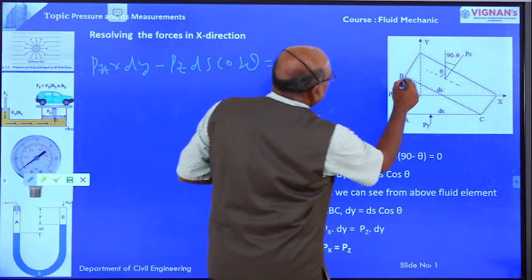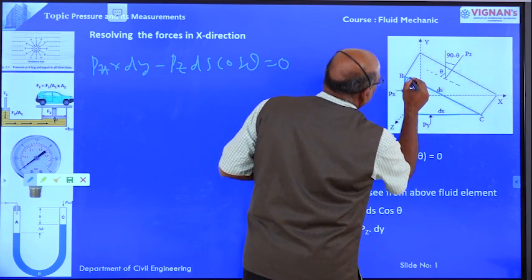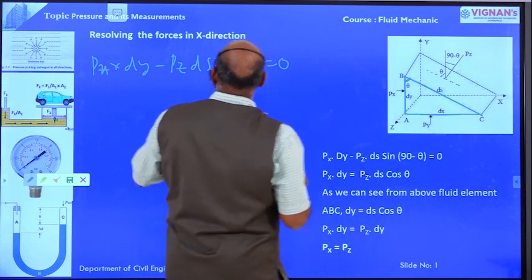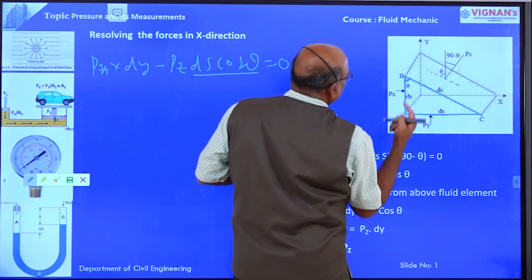Now, this is triangle. The angle at B is equal to theta. Right? From this one, we want to determine the ds cos theta.